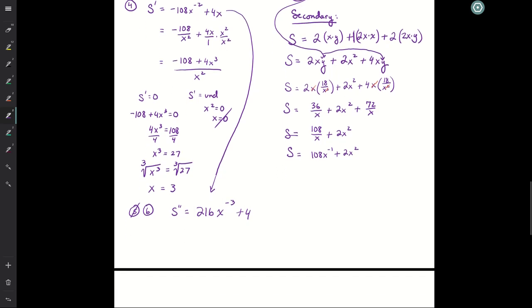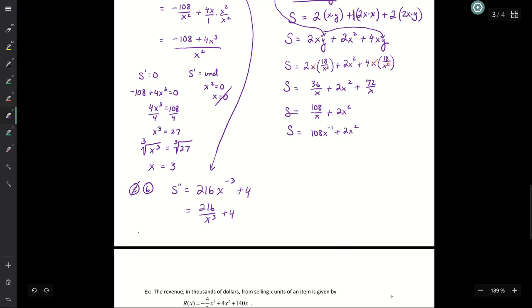All right, and then from there, I'm just going to rewrite a little bit. We'll say 216 over x cubed plus 4. And then what I want to consider is s double prime specifically at x is equal to 3. So doing that, I would do 216 over 3 cubed plus 4.